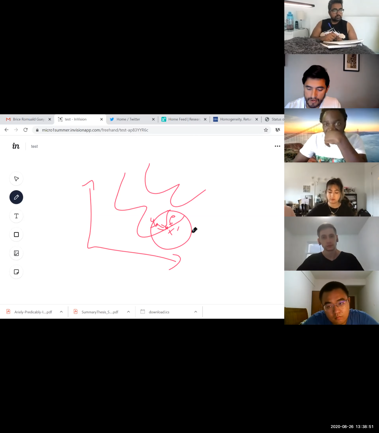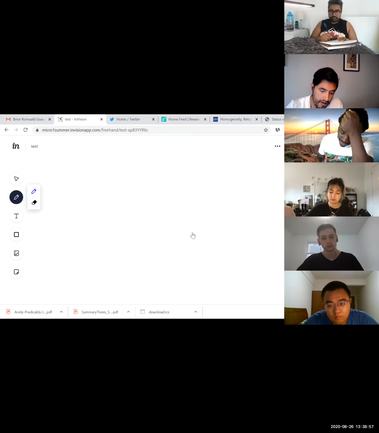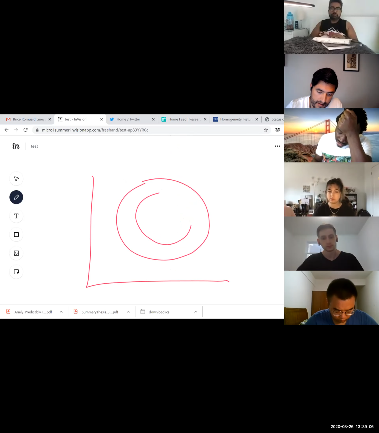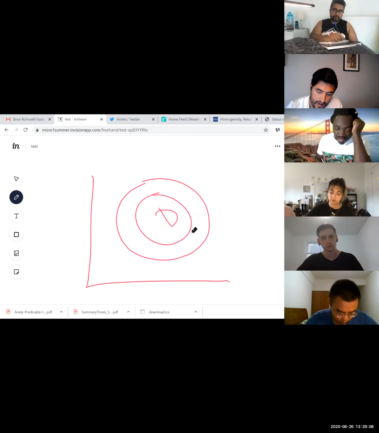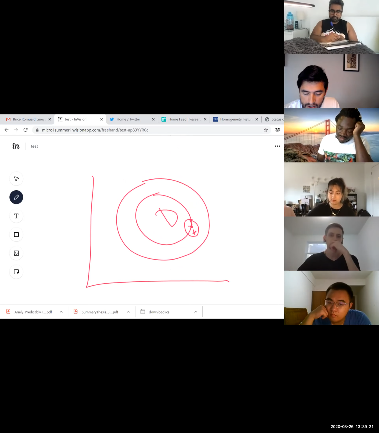Another example of preferences that are locally non-satiated but not monotone is preferences of this type, for instance, circular preferences. In this particular case, I'm going to remove the satiation point, so there is no satiation point here. If I take any x here, this epsilon ball is going to contain some better items.